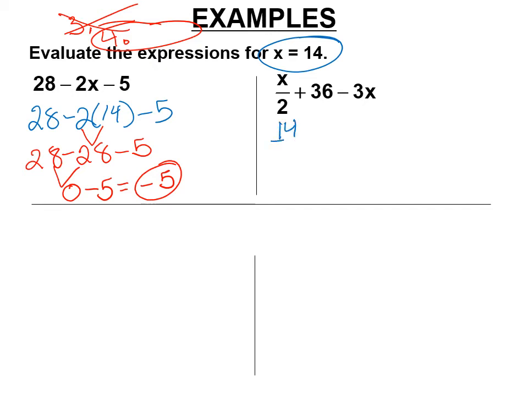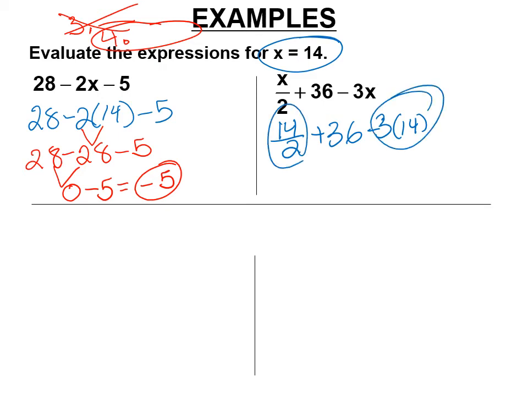X is still 14. So 14 divided by 2 plus 36 minus 3 times 14. Now, we have a tie here between this division and this multiplication. This is a perfect example of you could do those in either order and nothing would happen because they're not right next to each other. But I personally still do the one on the left first. 14 divided by 2 is 7. 3 times 14 is 42, if you don't know that.